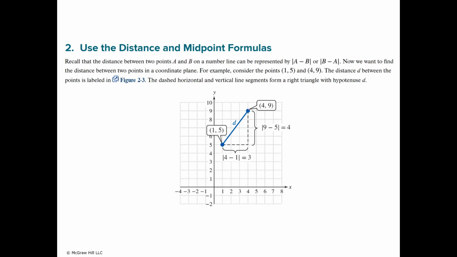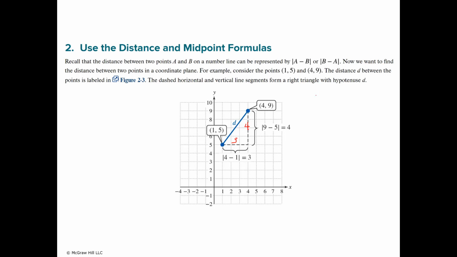And then the vertical leg of the triangle, if this is 5 and this is 9, going from 5 to 9 is 4 spaces. So you've got this triangle with legs 3 and 4.